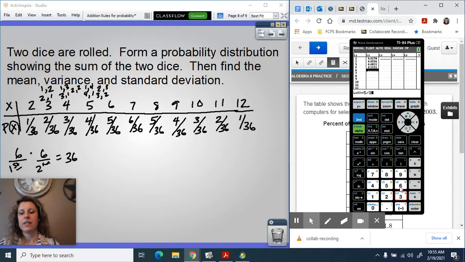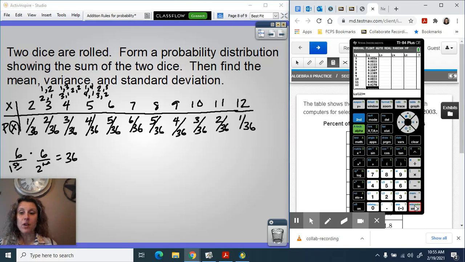Remember that they increase by 1 until we get to that sum of 7, which has a probability of 6 out of 36. And then they decrease back down to 1 out of 36 for that sum of 12.